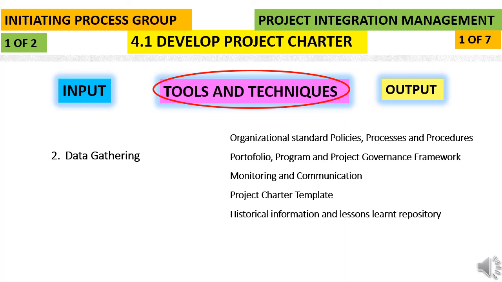When the analysis is done, we also ask for the solutions: what are the ideas and how they can be addressed or met. So we collect ideas from subject matter experts, stakeholders, and team members, then we do an analysis. From there, we try to find how we can go about with the project. That is basically brainstorming, which is more prevalent and most organizations follow it for many other activities.